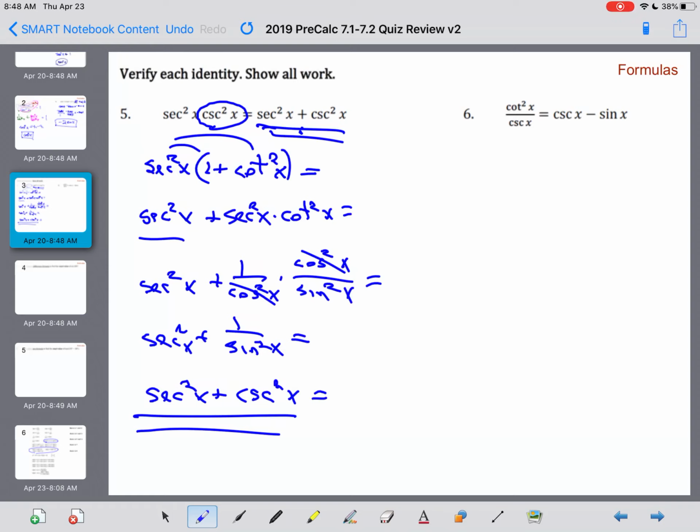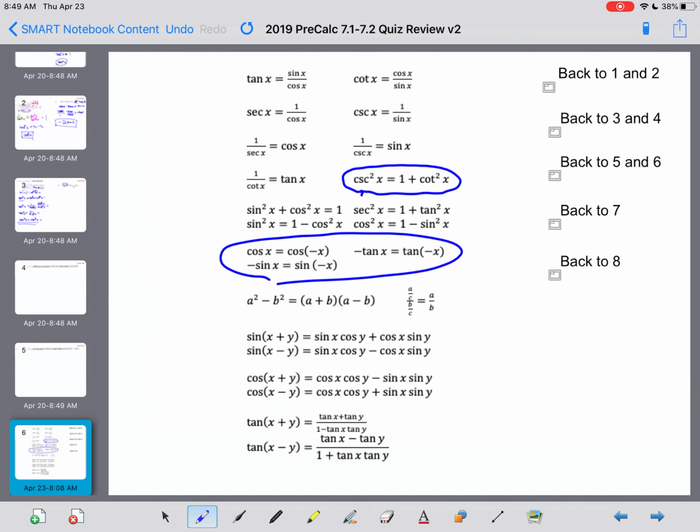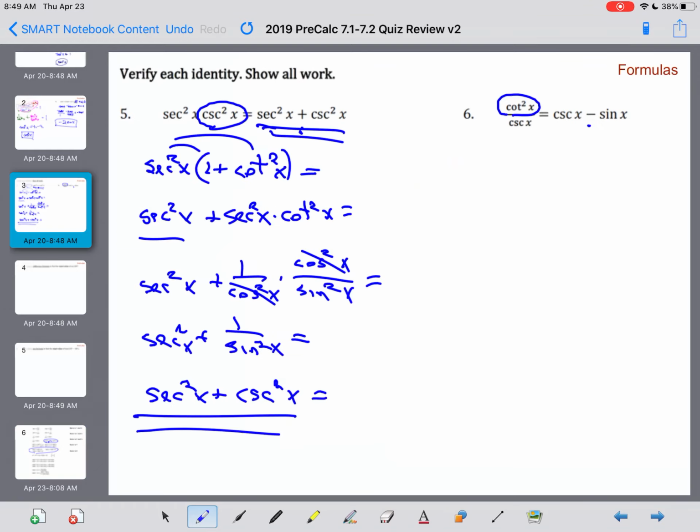Over here with number 6, again, I'm going to go ahead and use a cotangent, and kind of do the reverse of what I did here. Again, because I have to get a subtract. Okay, so again, looking at my formulas, I'm going to bring this minus over here, and so my cotangent squared will equal cosecant squared minus 1, because I do need to work toward the other side.